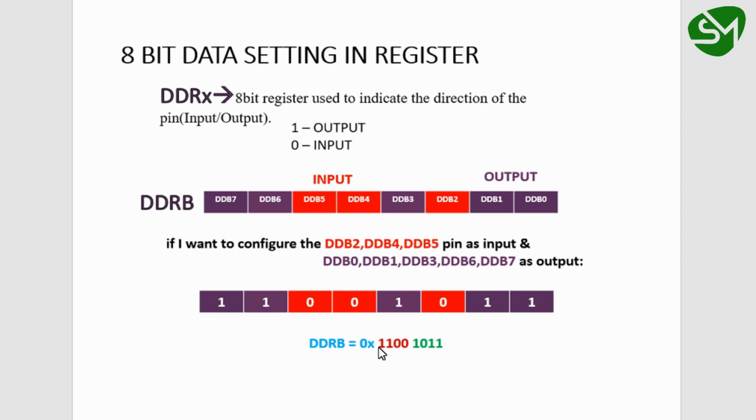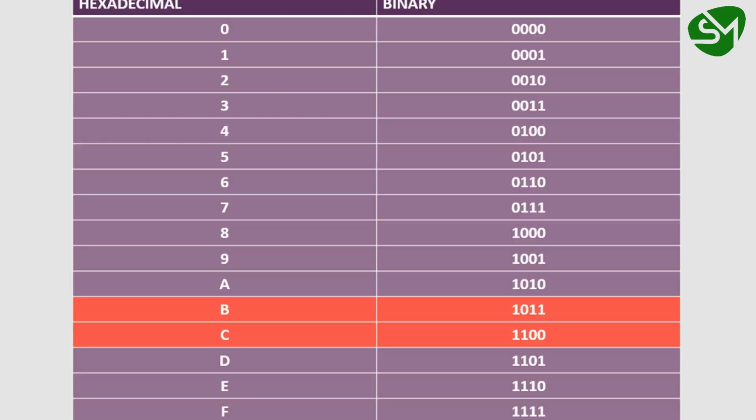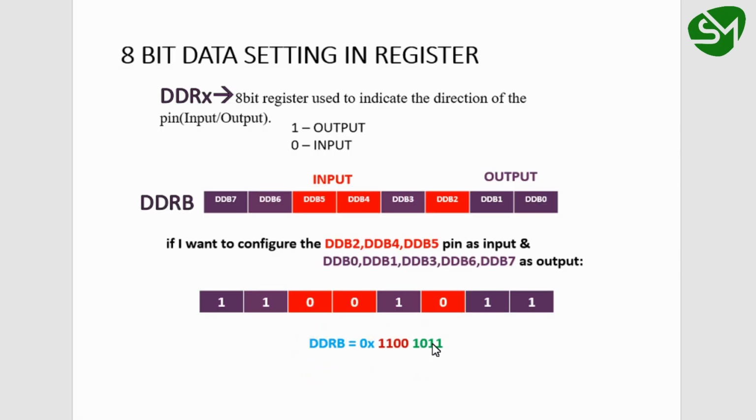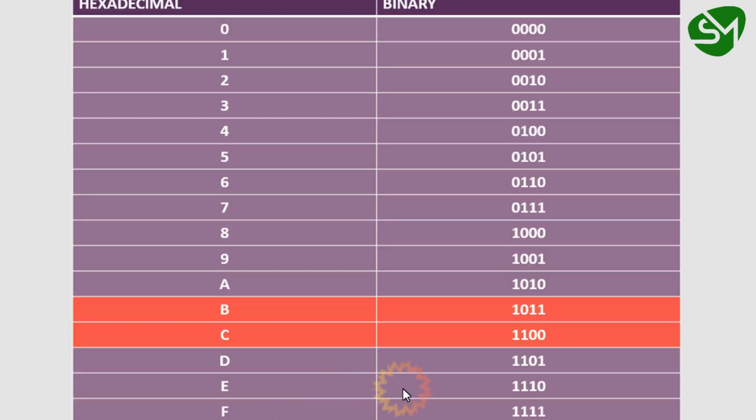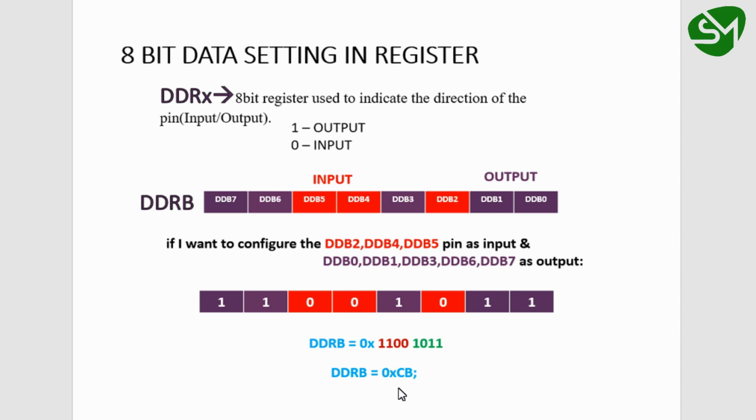So the MSB is 1100. 1100 in binary has the hexadecimal value C, and 1011 has the hexadecimal value B. So the hexadecimal value is nothing but DDRB equal to 0xCB. So this is the equivalent hexadecimal value for the binary data available here.